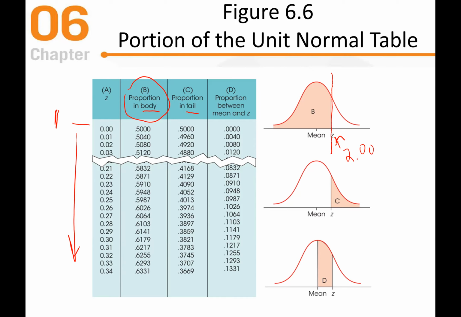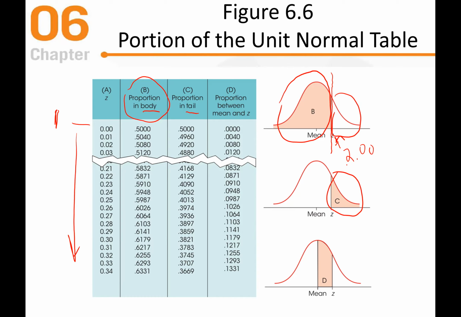And when it cut through the normal distribution, it created 2 parts. One part is the body. It is the bigger proportion. The other part is this one right here, which is in column C. It's the tail, which is going to be the smaller proportion.